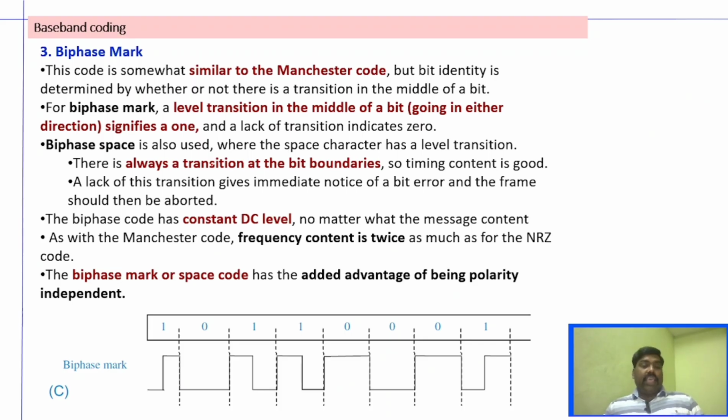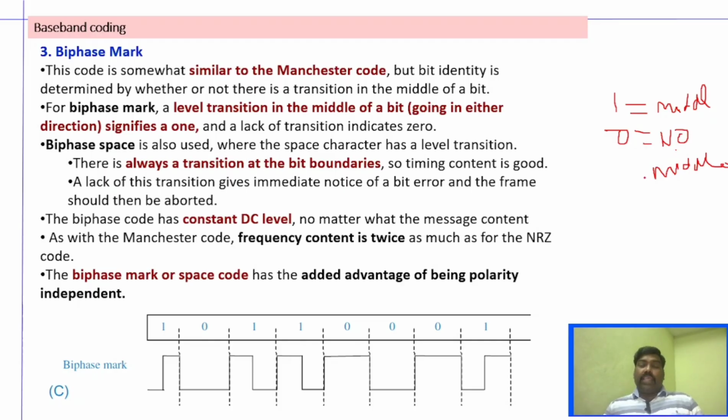If I say biphase mark, you have to understand one particular rule: for 1 you will have a transition in the middle, and for 0 there is no middle transition.